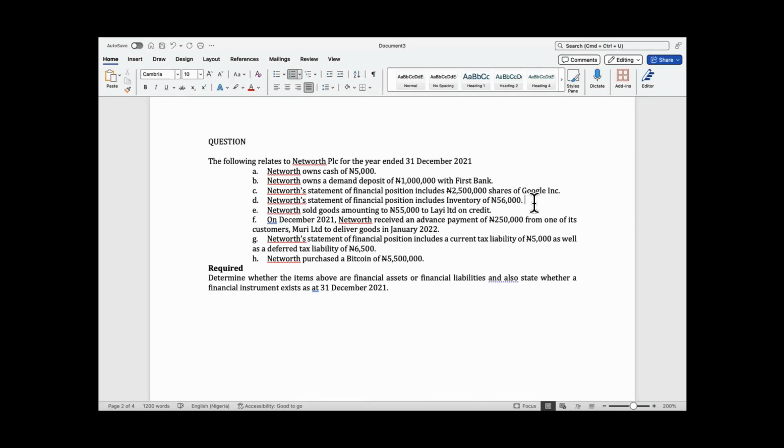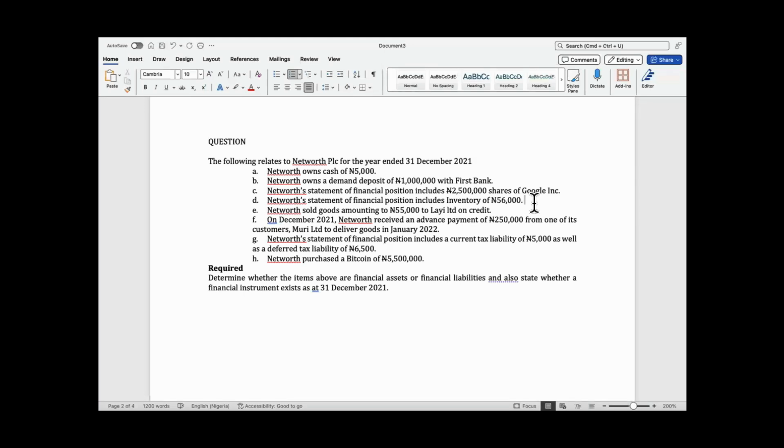Thank you very much, Augusta. So you said Networth has a financial asset and there is no other party, so no financial instrument exists. Yes, there is no financial instrument, but Networth does not have a financial asset. It's a financial liability.